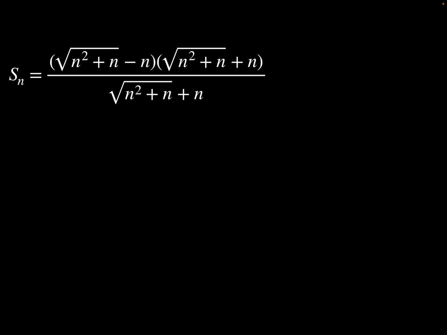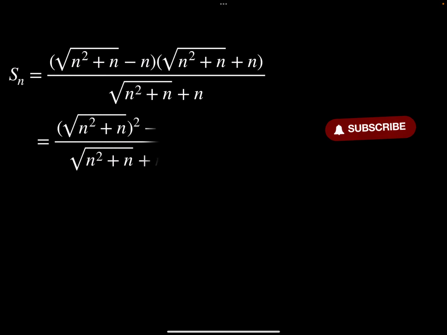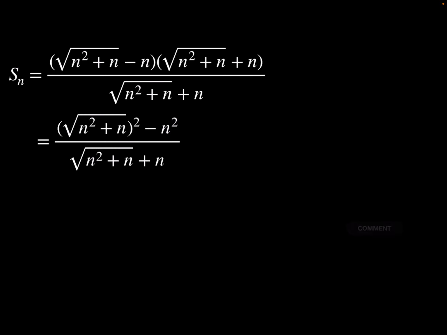So we multiply and divide by the same quantity. Now what we do is FOIL the numerator. So we get that s sub n is equal to the square root of n squared plus n squared minus n squared over square root of n squared plus n plus n.